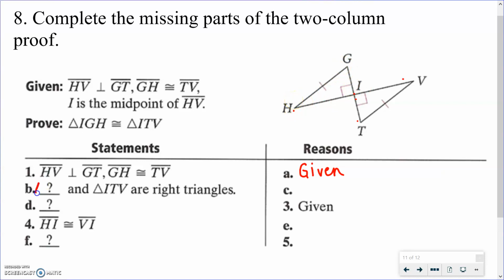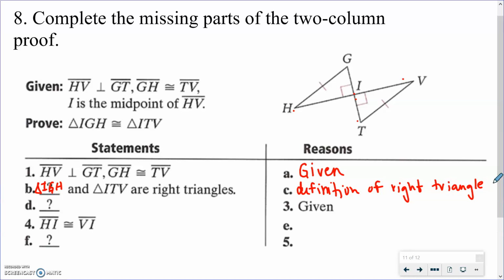So I'm going to write triangle IGH is also a right triangle because they both have right angles, and that's what the definition of a right triangle is. So this reason here would be definition of right triangle. So they're triangles that have a right angle in them, and that's what makes it a right triangle.